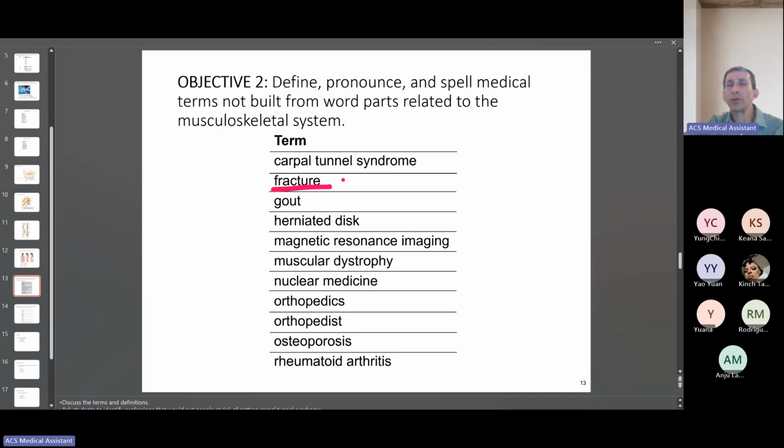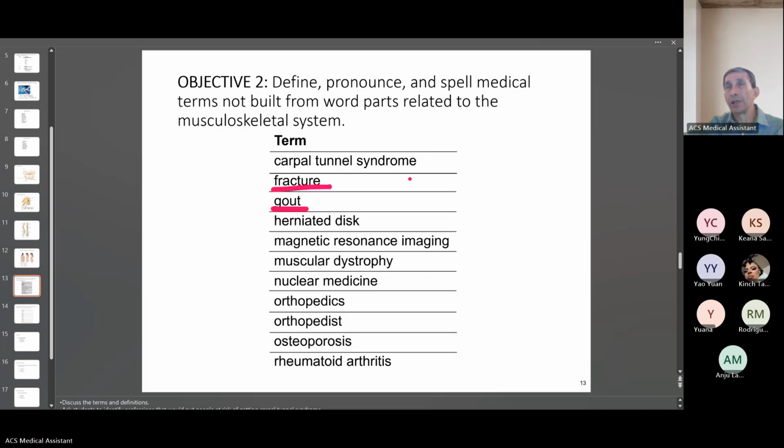A broken bone, it doesn't matter how it's broken, maybe completely broken, partially broken, impacted, a hairline fracture, it doesn't matter. It's a fracture. We're talking about the bones, and we do not divide this term.